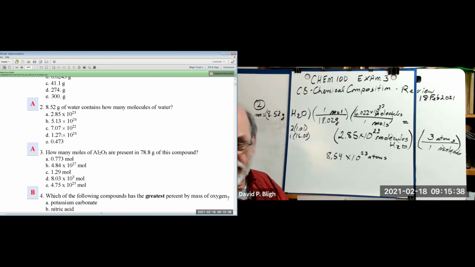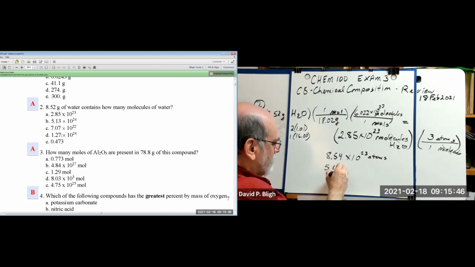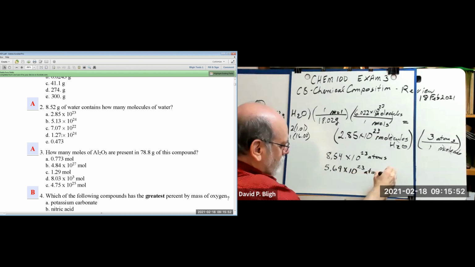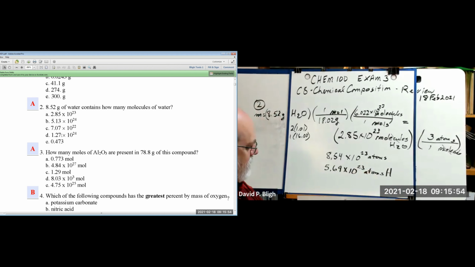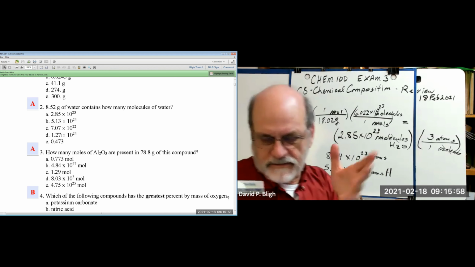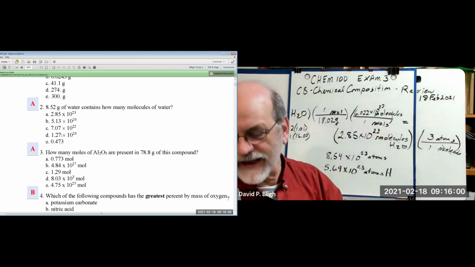And that's 5.69 atoms of hydrogen. Right? That should be double this, roughly, with rounding errors included.